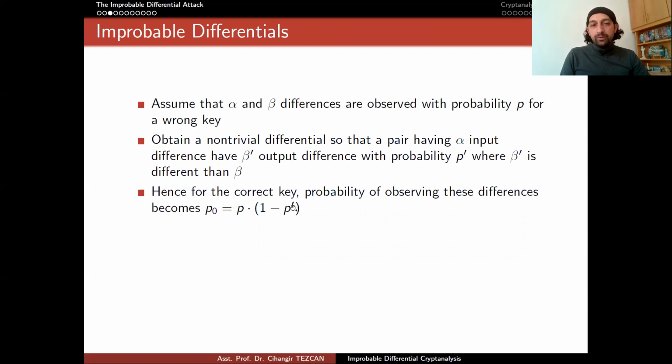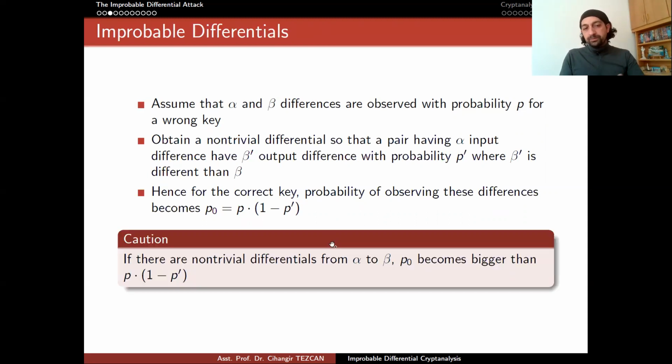The idea is as follows. Instead of trying to find a path and see which input difference goes to which output difference, your aim is to find a lot of paths which don't go to some specified output difference beta, so that you are actually reducing the probability of observing the beta output difference.